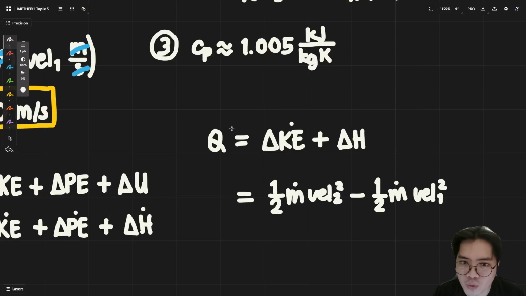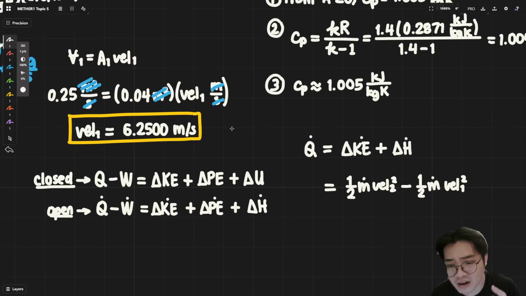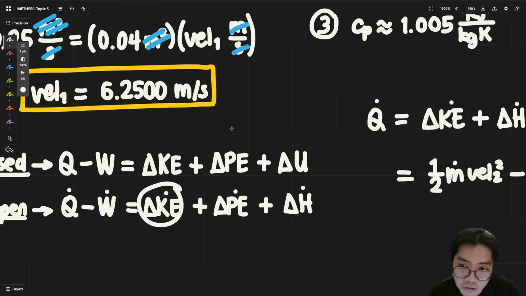And so what I'm doing now is dotting everything because technically we are under an open system. Everything is in steady flow. Some stuff is going in, some stuff is going out, and everything is measured in a rate of heat transfer, a rate of change of enthalpy, a rate of change of kinetic energy.